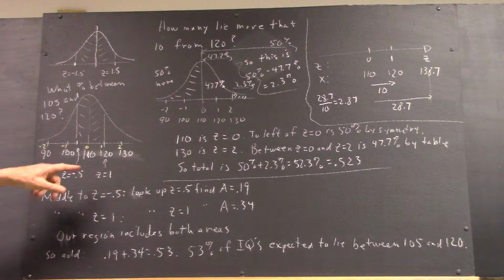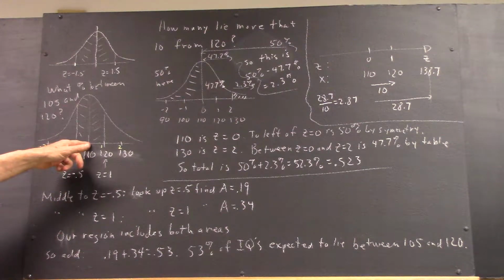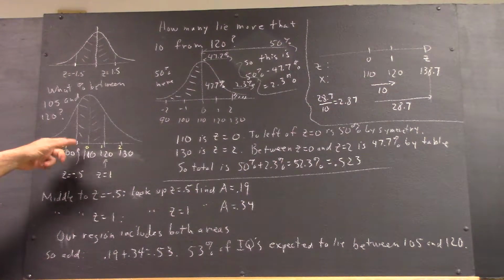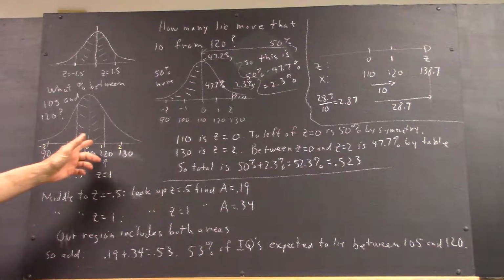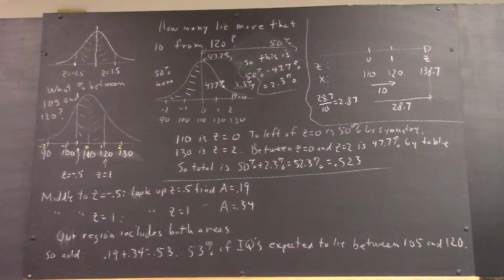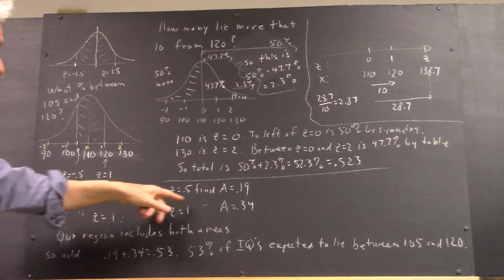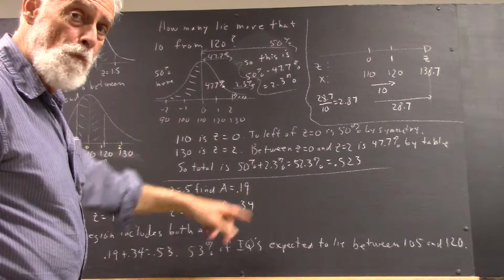So the table actually gives you the area between 0 and negative 0.5 by giving you the area between 0 and 0.5. They're the same. So you just look up z equals negative 0.5. Of course, you've already looked up z equals 0.5, you find the area is 0.19.